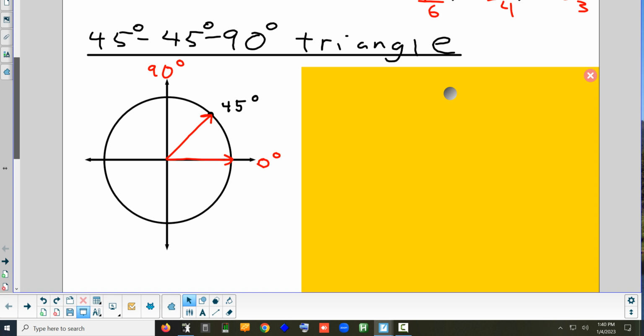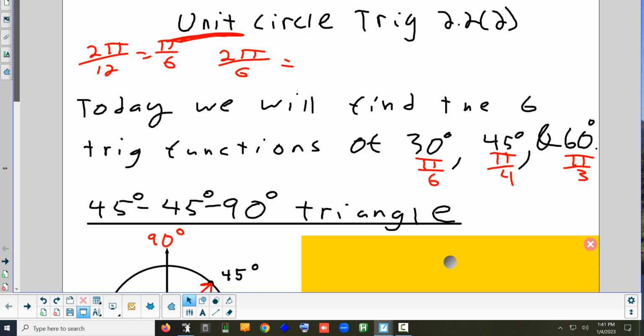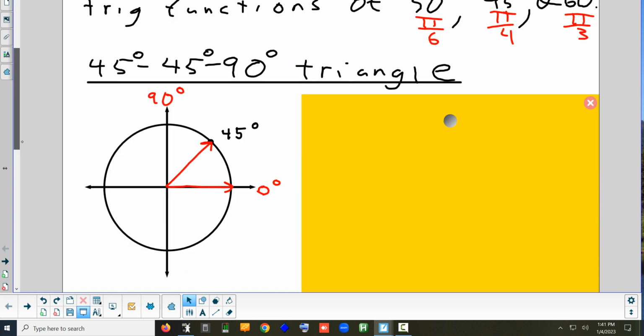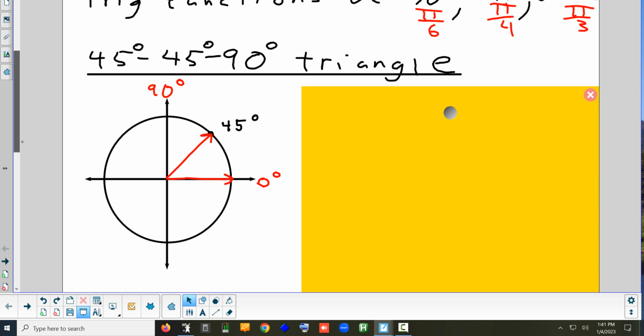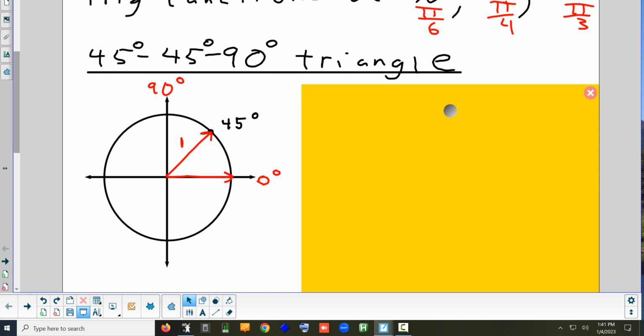I'm going to modify it a little bit, but I'm going to label something first. Look at the terminal side. How long is the terminal side there? Well, a radian would be measuring an angle, not a length. Would it be 1? 1. Because we're doing everything on a unit circle. So the distance from the center to the edge is 1.